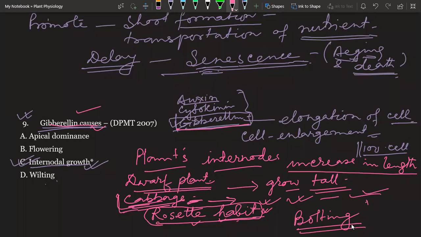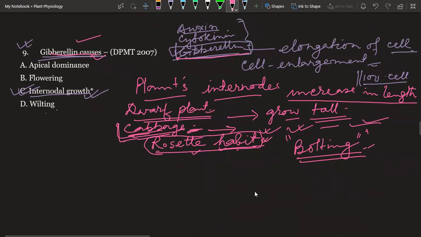Bolting is a prominent physiological phenomenon in which suddenly the plant branches, stem, or the buds start growing very fast. Fast growth takes place.